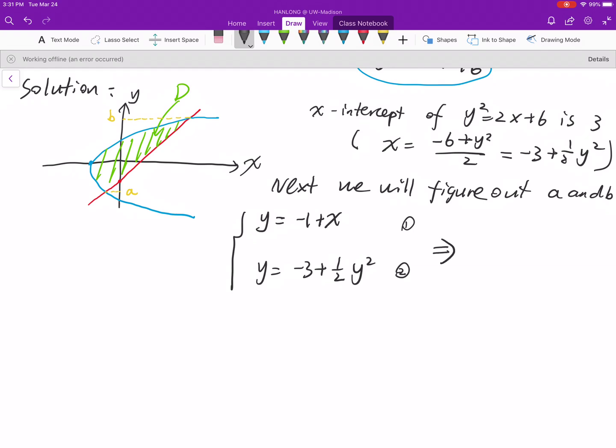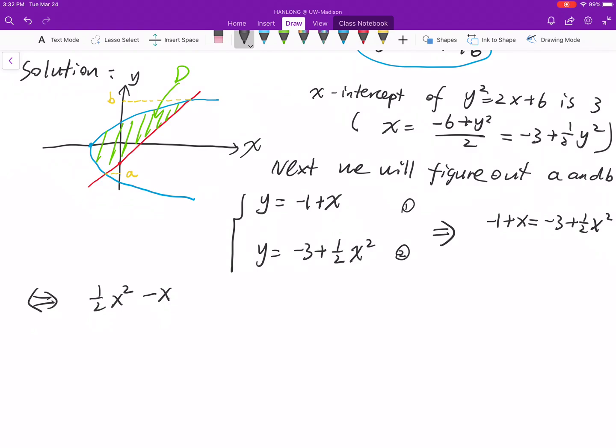And then you solve it, you get -1 plus x is -3 plus 1/2 x squared, and then simplify it, you have 1/2 x squared minus x minus 2 is 0.